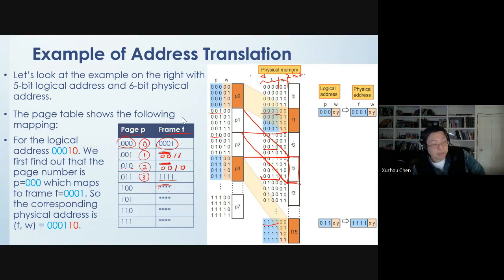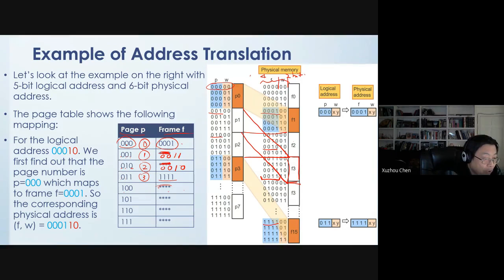Now the next thing we need to figure out is, when the computer starts to execute the program, it starts from the first memory address. That's the entry point, for example the main method.